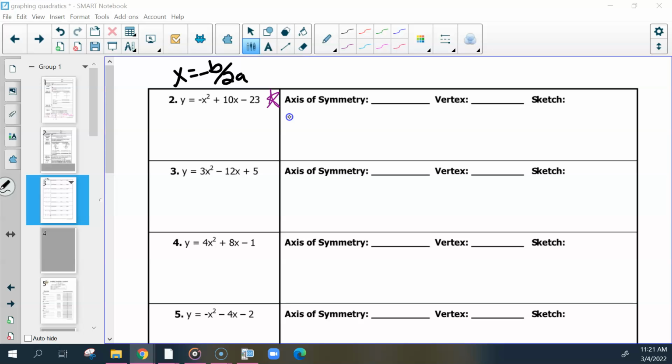So here we have x equals negative 10 over 2 times negative 1. And then we could simplify that and figure out what that is. So our axis of symmetry would be what?